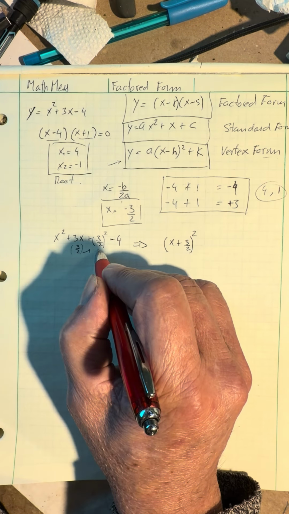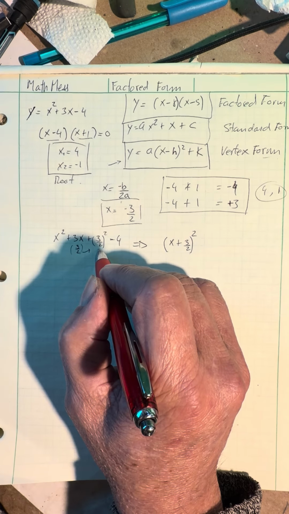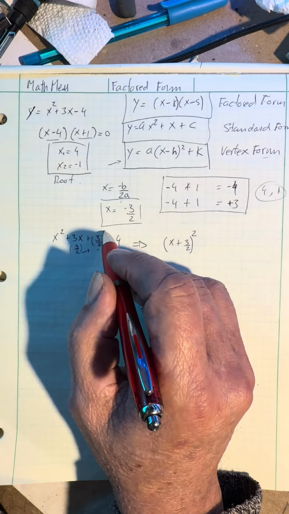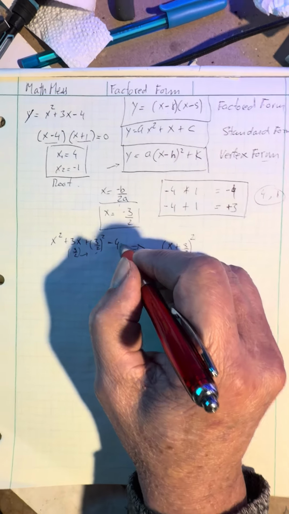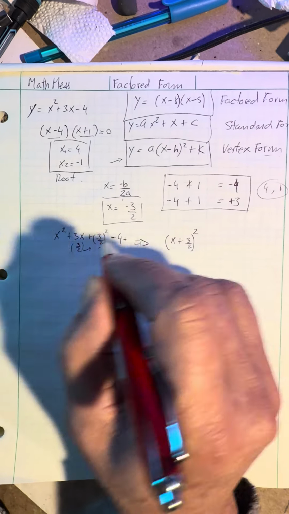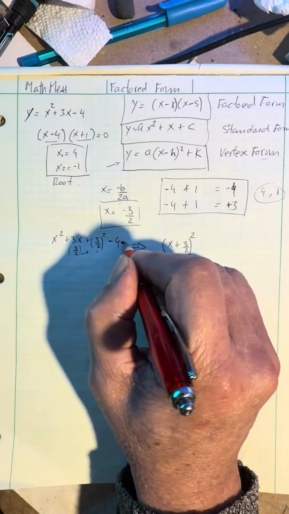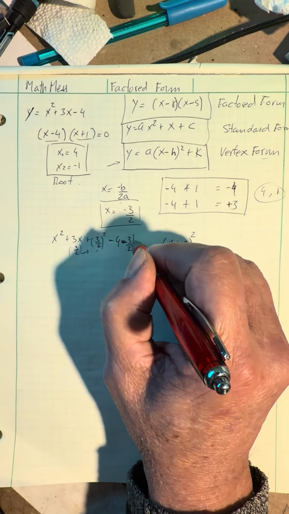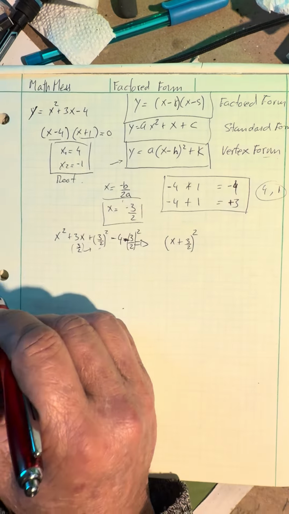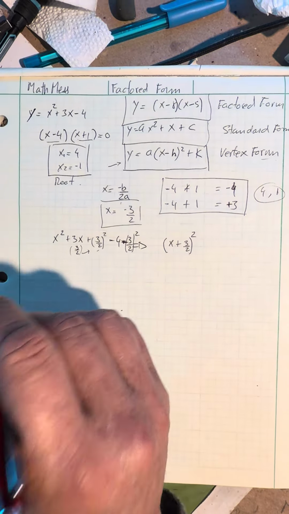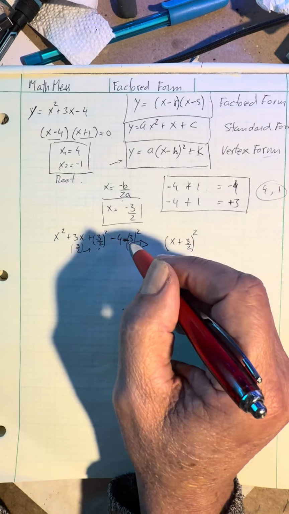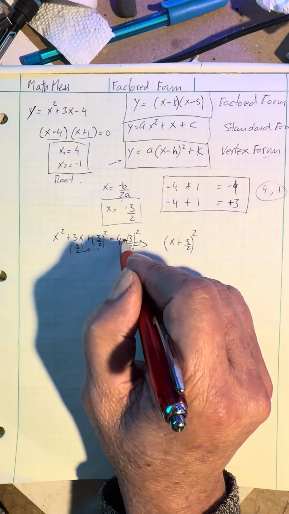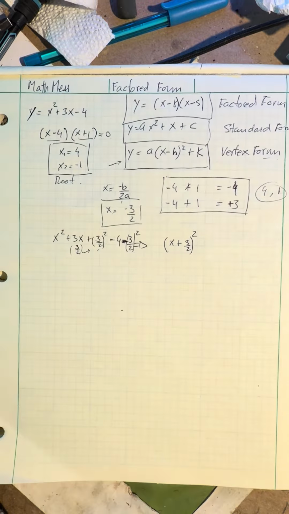Remember, one thing we forgot to do is that because we added this 3 over 2 squared, we have to subtract 3 over 2 squared, and that negative has to be on the outside.